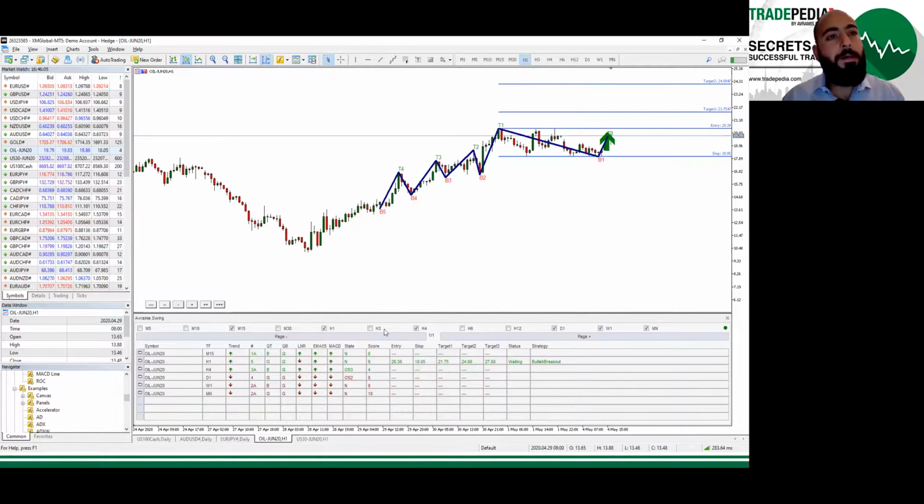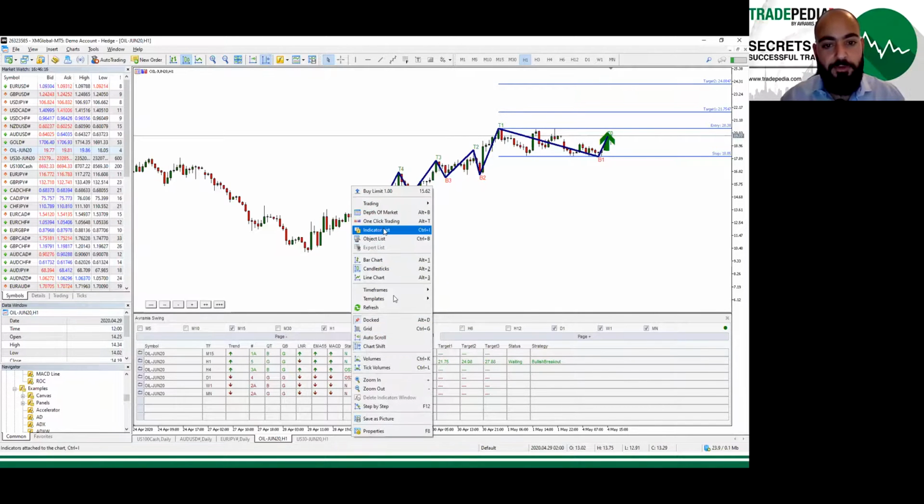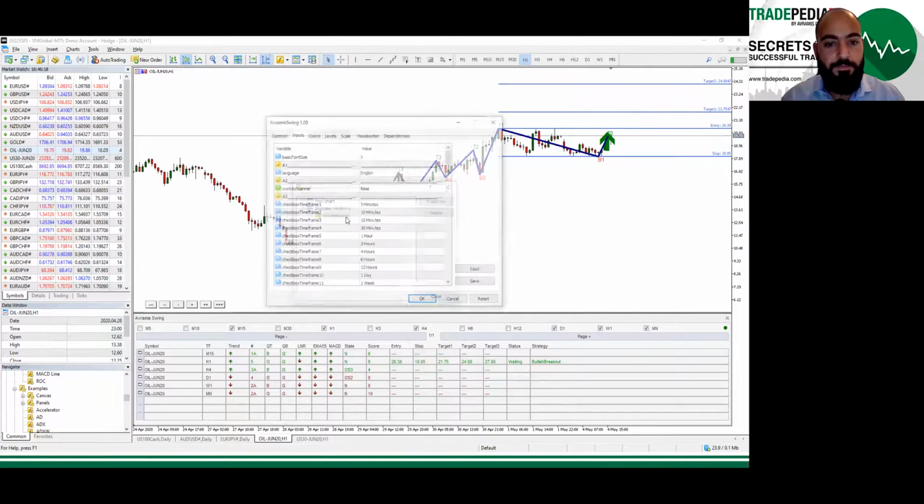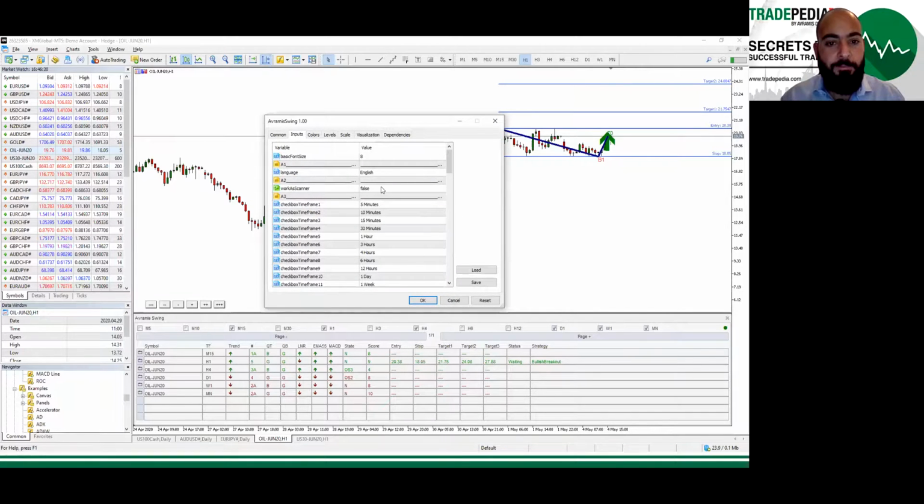Now, you know what's the best thing about this indicator? What I like most about this indicator is that in a click, if I go to the indicator settings, I can activate something called the scanner. What is the scanner? The scanner mode, by activating it, double click here and it will turn to true.